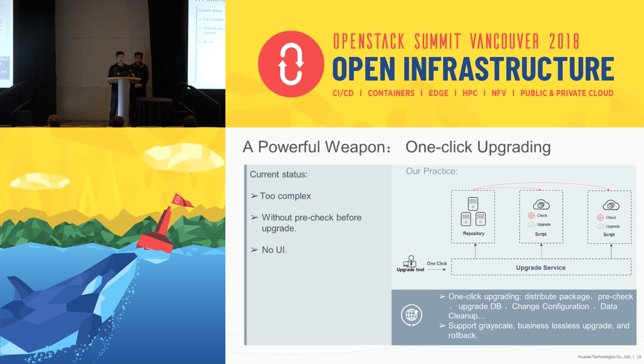Before upgrading, there is no relevant mechanism to do a health check of the system, which often leads to the failure of the upgrade. Some functions need to be manually carried out by administrators, and this is even more challenging in a public cloud scenario. And we should do all of this without interference to the customers.